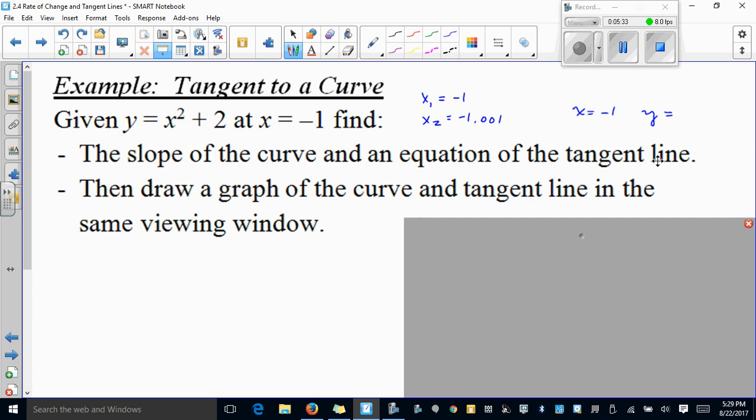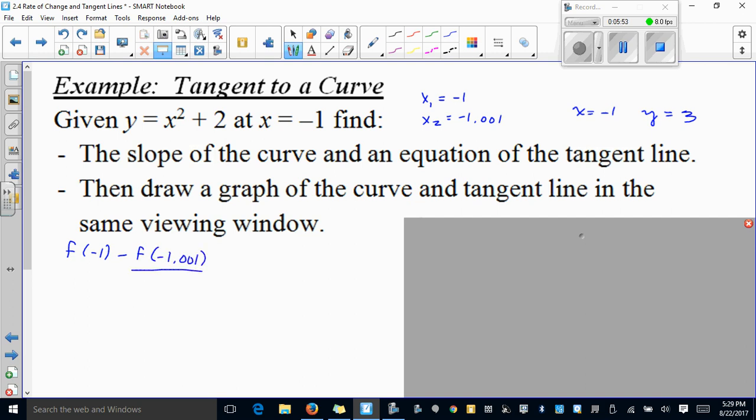So on this one here, we're going to do f of -1 minus f of -1.001, all over -1 minus -1.001.